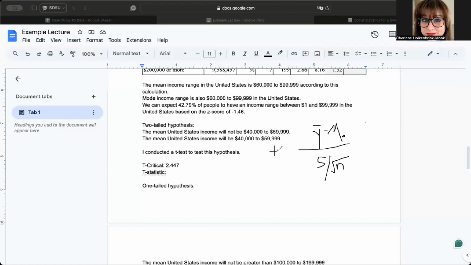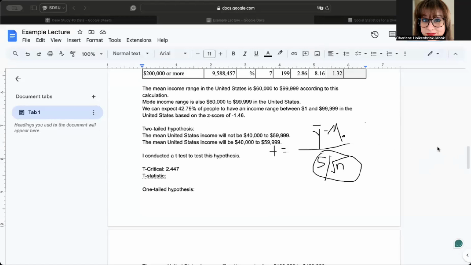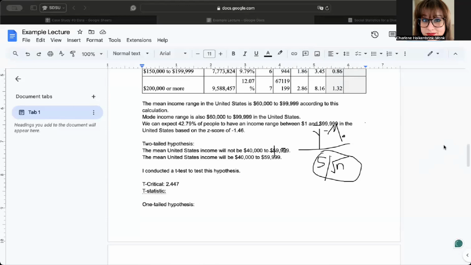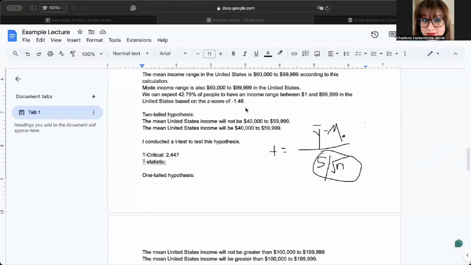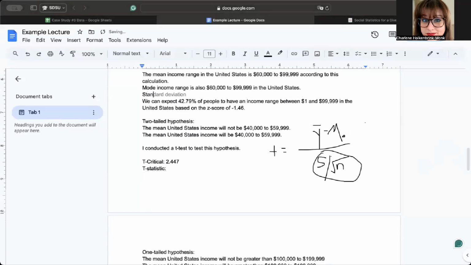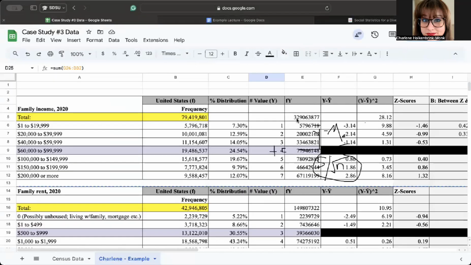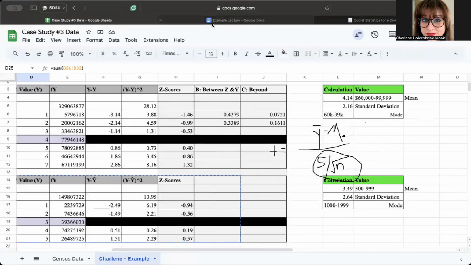So this is our t-test. T equals the mean minus mu, divided by the standard deviation divided by the square root of n. Now this bottom part here is called our standard error. Because we're working with values that we don't quite know the full scope of yet, you'll also have to have your standard deviation written here too. In this particular case, it's 2.16.